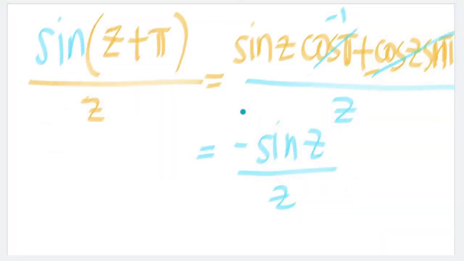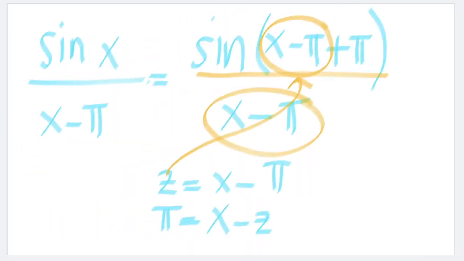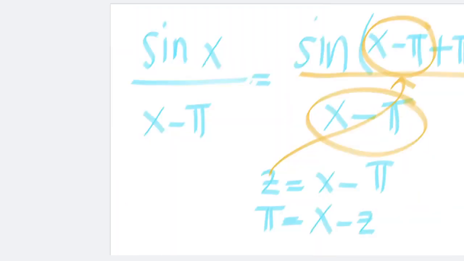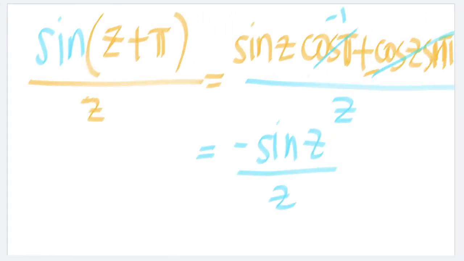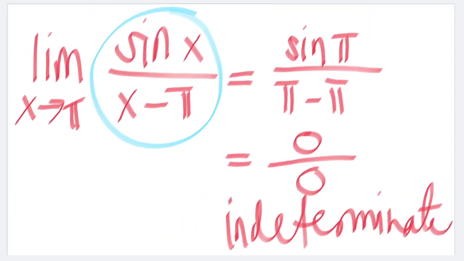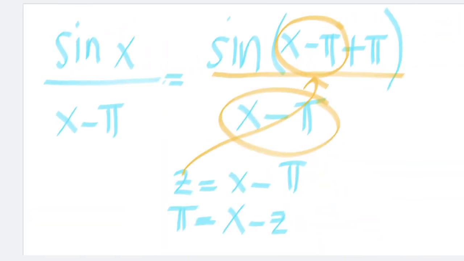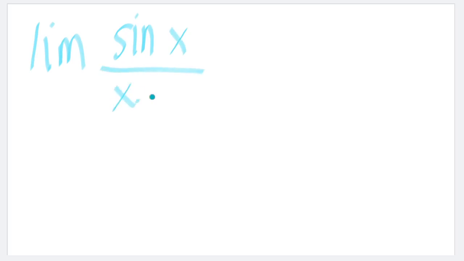Now because we are changing the variable, we need to also change the approach of your limit. Originally your limit is the limit of sine x over x minus pi as x approaches pi. You introduced a dummy variable z equal to x minus pi.